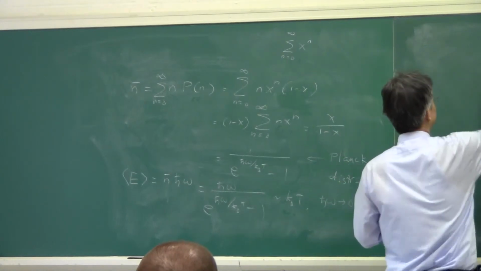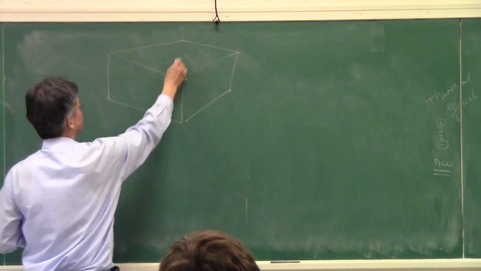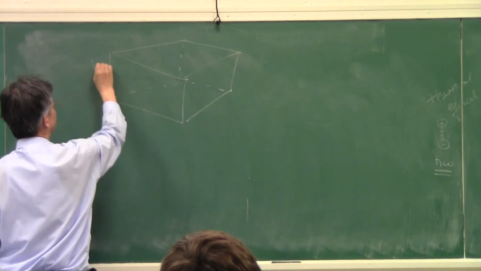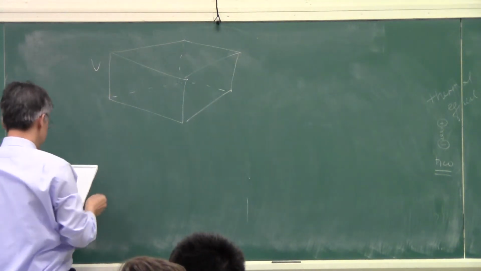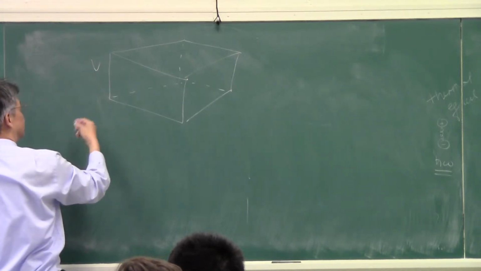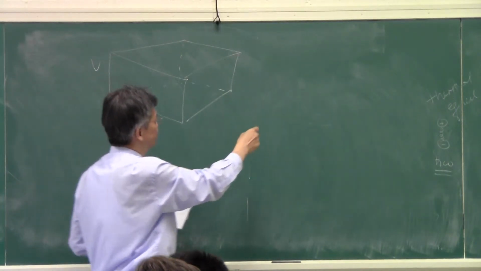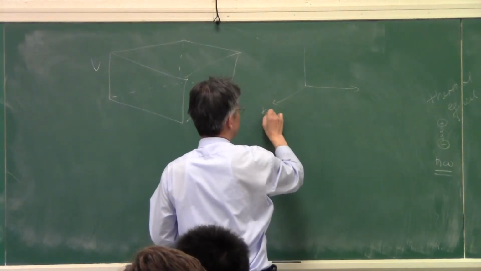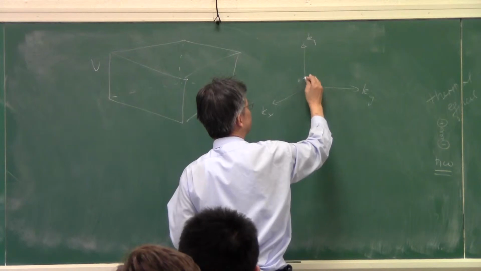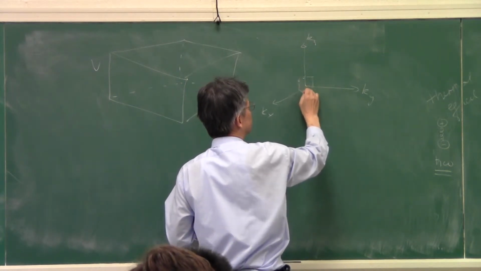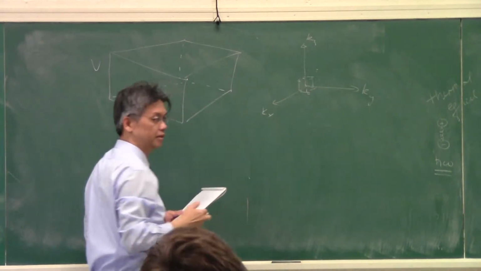Okay? But then, in order to understand Planck's radiation law, we can think of a box of volume V and calculate the number of modes per delta k volume, because this would give rise to quantization in the k space. If you look at the periodic boundary condition, it will give all these quantized modes.